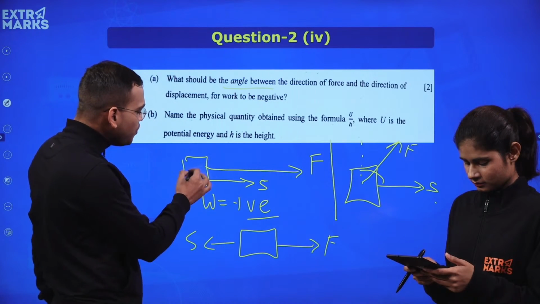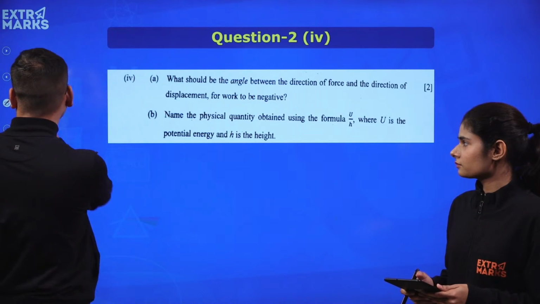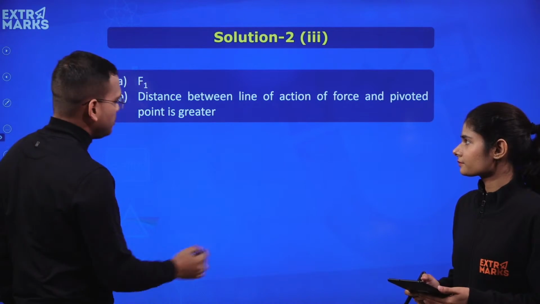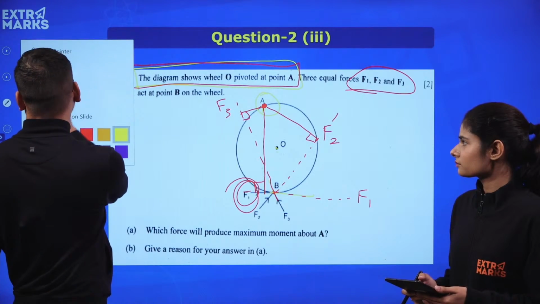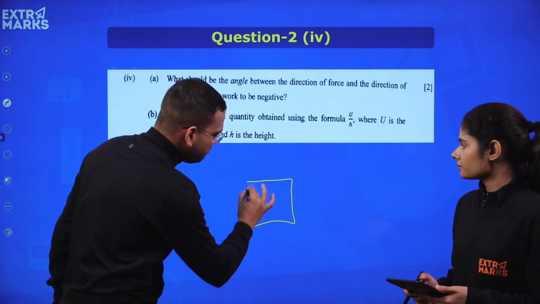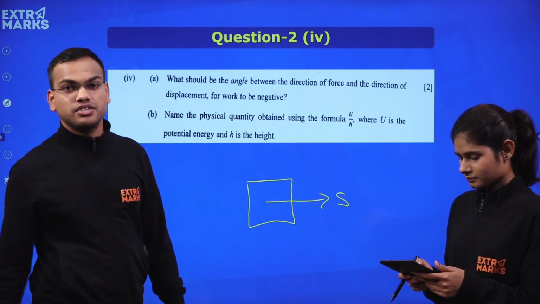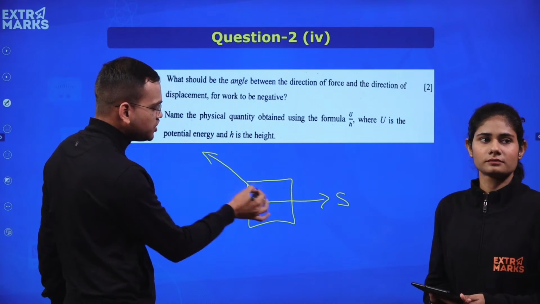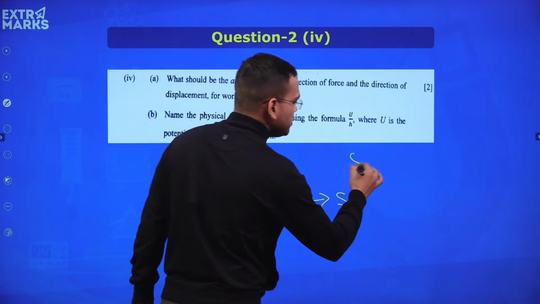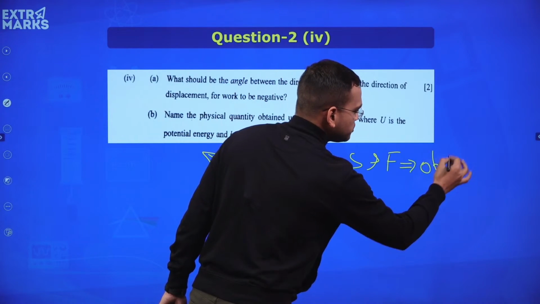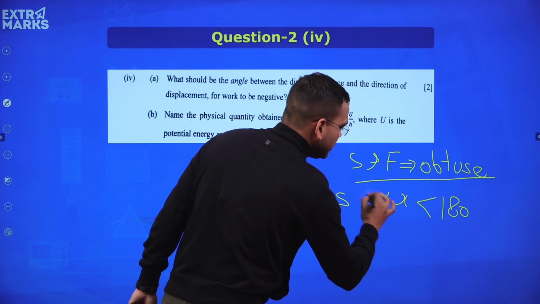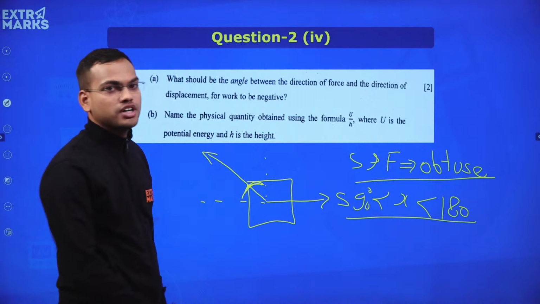So work done will be negative only when, okay, I'll draw it again. If displacement of an object is happening in this direction and force is acting in this direction, from this to this direction, if the angle between displacement and force is obtuse, that is less than 180 degrees but greater than 90 degrees, in that case the work done will be negative.